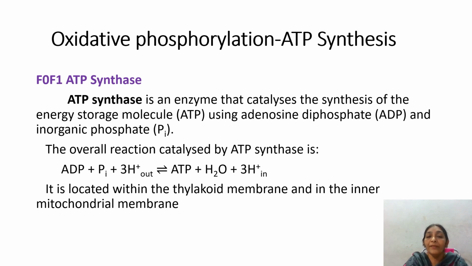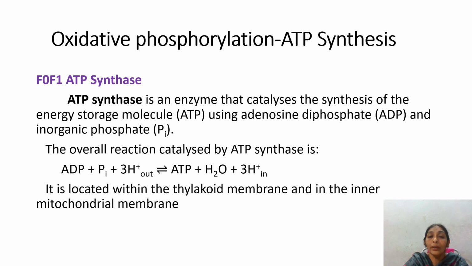Dear students, in the previous class you learned about the components of the electron transport chain and how these components are arranged in the form of four complexes, complex 1, 2, 3 and 4, which are involved in the oxidation of NADH plus H plus and FADH2 and the movement of electrons towards oxygen for the synthesis of water, and simultaneously protons are pumped towards the intermembrane space.